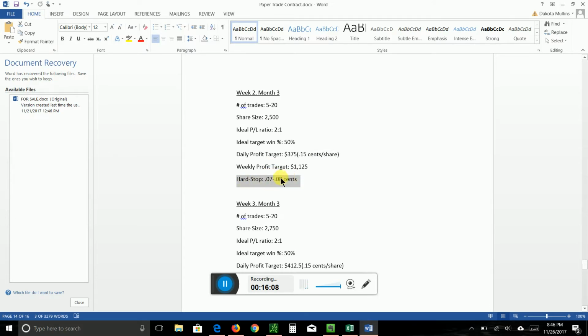That'll be half of what my winners are, half of what I want my winners to be. So, half of 15 is 7 to 8 cents. And yeah, that's what I'll be going for this week.